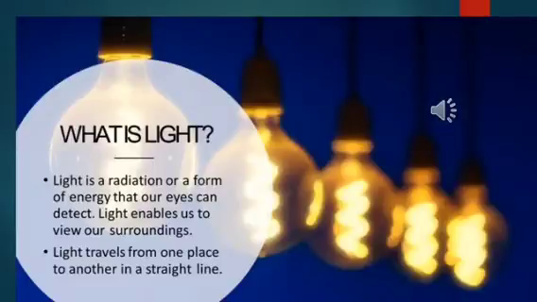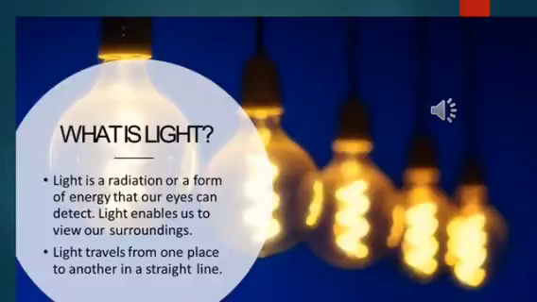Then the nerves inside send messages to the brain, and then you recognize whatever is there in front of you. Are you understanding? So when you define light, you will define it by saying it is a radiation or a form of energy that our eyes can detect.